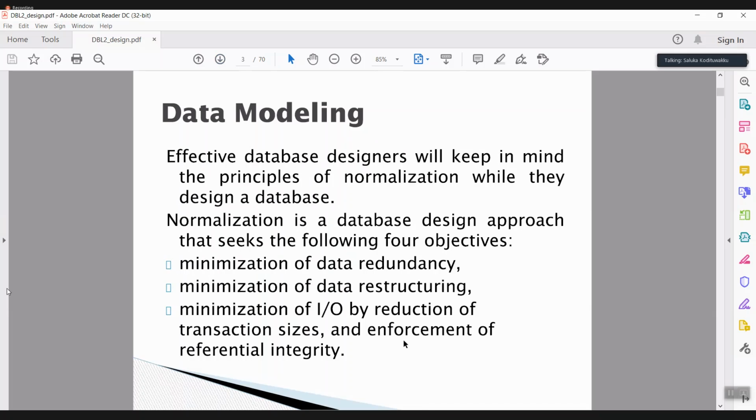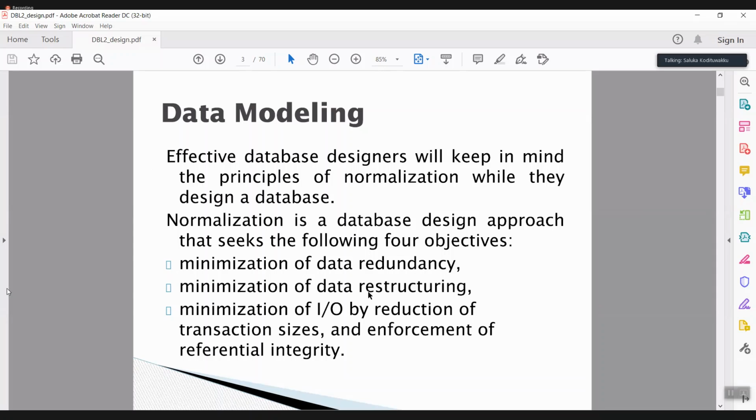Good database modelers, whom we usually call database designers, always consider the principles of database modeling and concentrate on the consistency of the data. That is what you see here in normalization, which we will talk about later in detail. We need a consistent set of pieces of data for modeling our database.